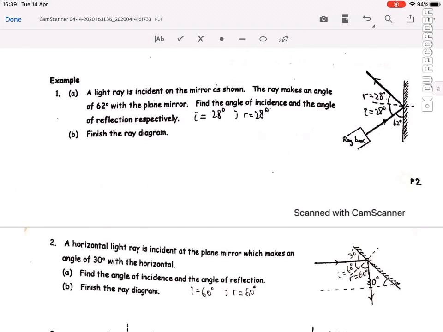So in here we got the incident wave from the wave box coming in at the angle of 62. But remember, this 62 is not the incident angle. It's 62 at the bottom. And what we need to do first is draw the normal in first. If you draw the normal in first, you will see that we got 90 degrees.